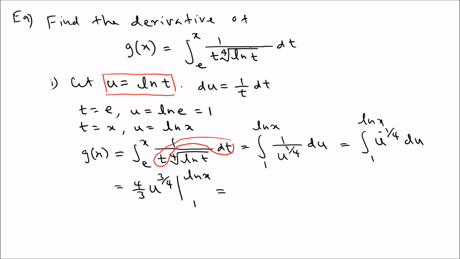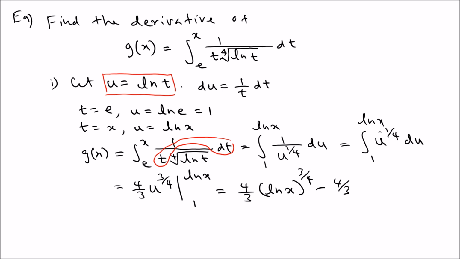That gives 4/3 (ln x) to the 3/4 minus, when you plug in 1, any power of 1 is 1, so you simply get 4/3. So that's the integral.